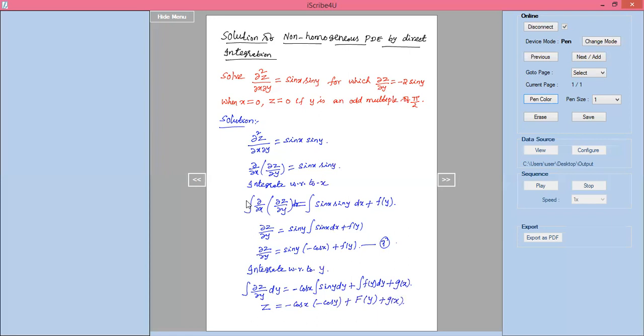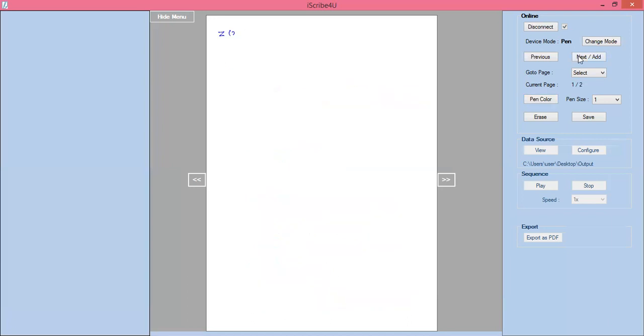Capital F of y is integration of small f of y dy. So z of x comma y equals cos x into cos y plus capital F of y plus g of x.